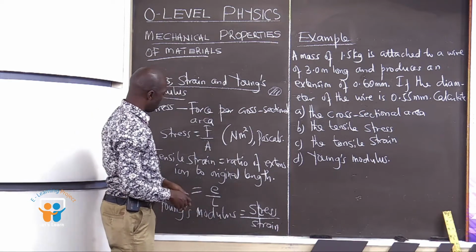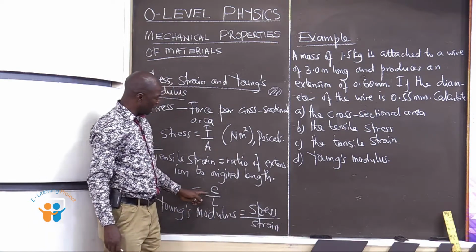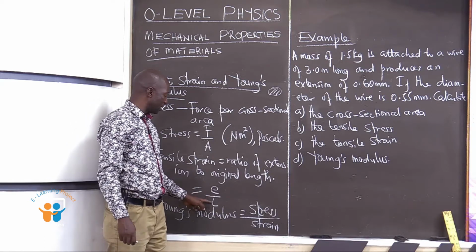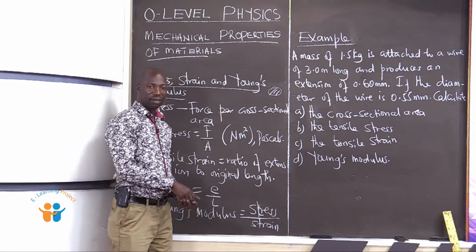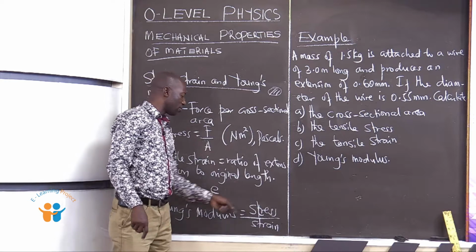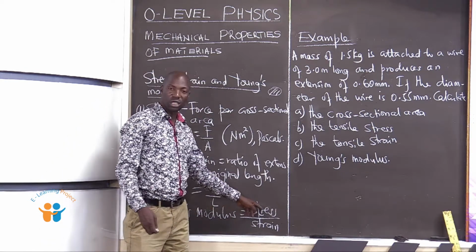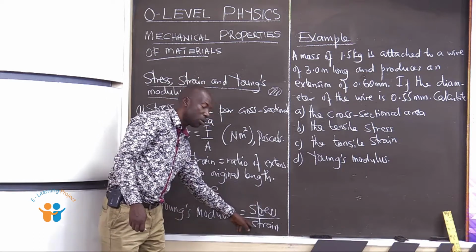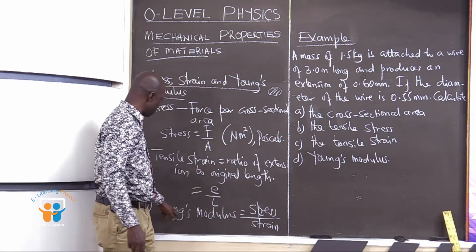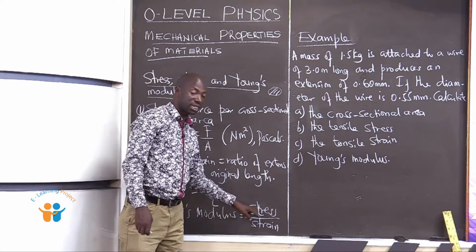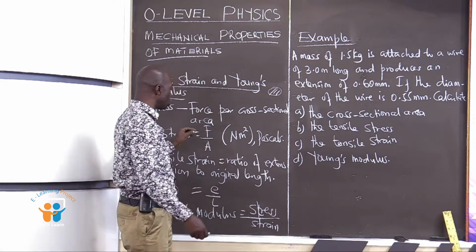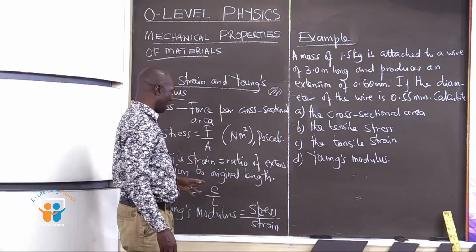But of course, you have seen strain is extension over length. This is length over length. It means that there are no units. And then Young's modulus will be stress, which is newtons per meter squared, over strain, which has no units. So it means Young's modulus and stress have the same unit, that is newtons per meter squared.